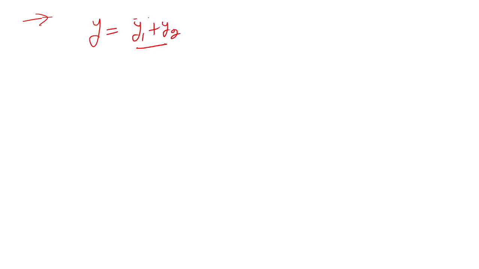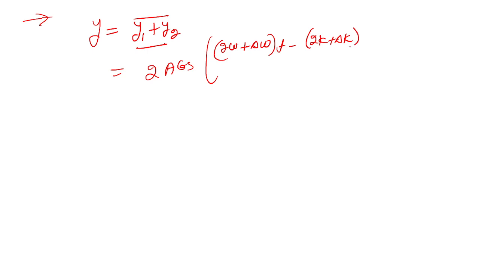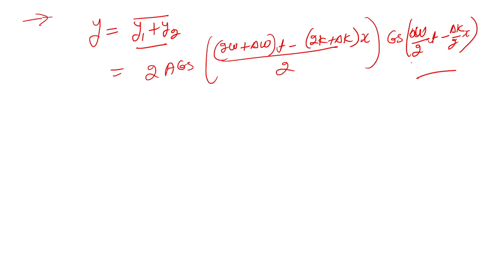By combining these two equations we get the final expression: 2a cos of ((2 omega plus delta omega) t minus (2k plus delta k) x) over 2, times cos of (delta omega over 2 t minus delta k over 2 x). This is the expression that we get by combining y1 and y2.